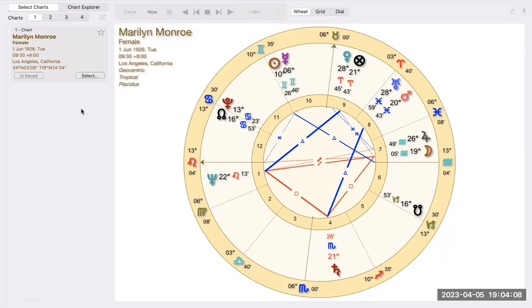Can you see my preferences screen? Yeah. On the left-hand side, there's charts 1, 2, 3, 4, and underneath it is Marilyn's info. Okay. So I'm not sharing. But in terms of the settings, you can decide what is displayed, so planets and so on. You can customize it to suit yourself. You can decide what is aspected.